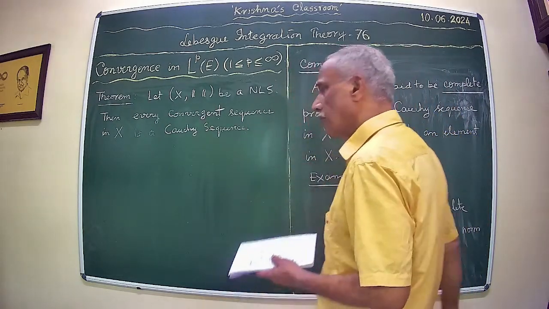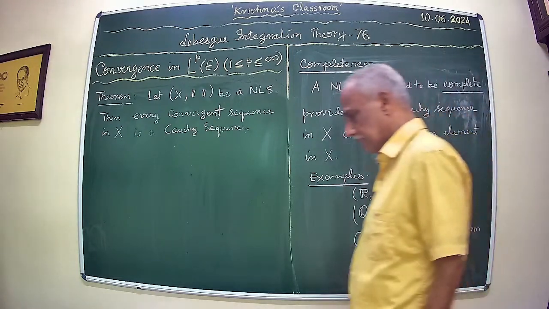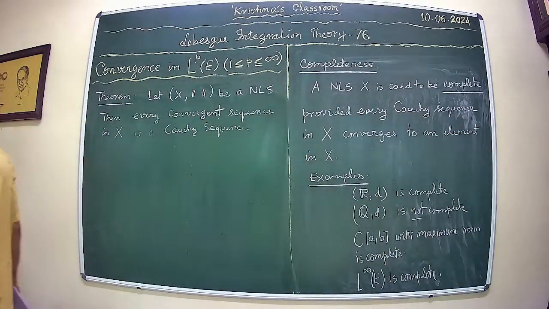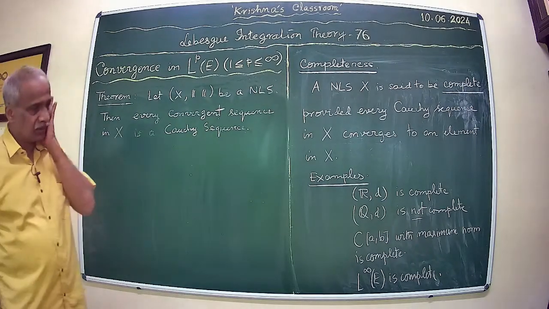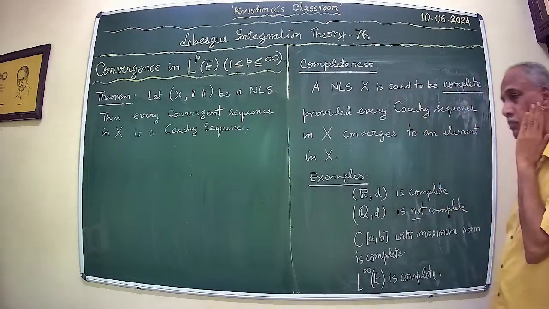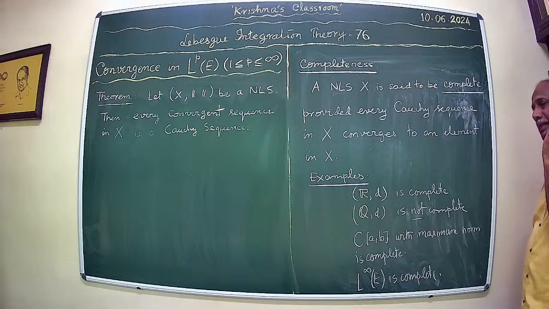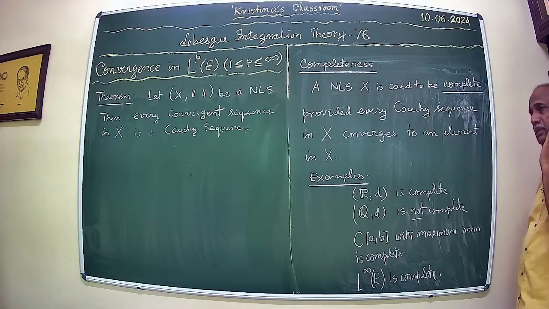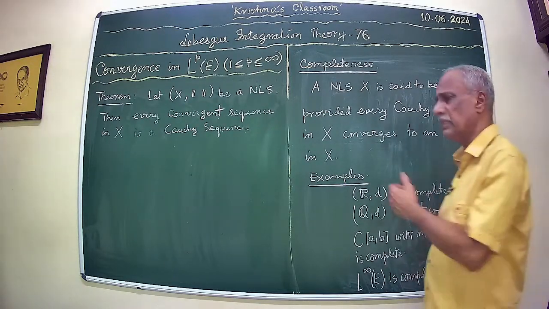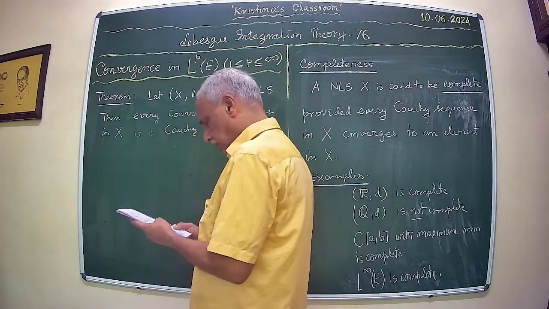Now the converse is not true, as we have seen already. If you look at the sequence e_n that we have considered, e_n is a Cauchy sequence that you can prove, but it does not converge in Q. So in Q, the sequence e_n is a Cauchy sequence, but it does not converge to an element in Q, whereas it converges in R. So that we shall make a mention of it.